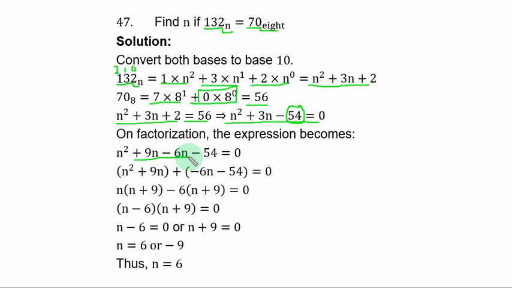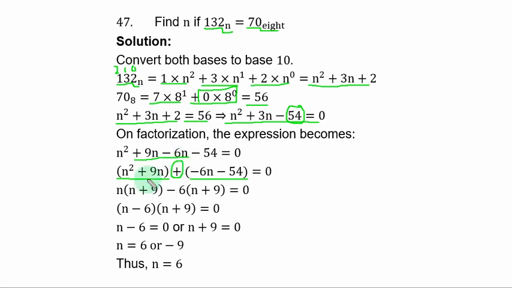The purpose is to have 4 terms so that you can group them in twos. So you have n squared plus 9n in the first group, plus the second group, minus 6n minus 54. Ensure that you separate the two groups with a plus sign to avoid confusion.